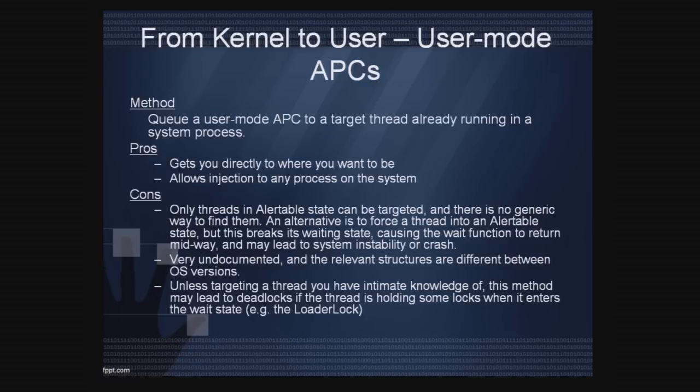If you specify it as true, then you mark the thread as being able to receive those user mode APCs. So what you can do is issue an APC to a thread in the process where you want to inject your code, which is nice because it gets you into a system process or exactly where you want to get. And you can theoretically inject into any process in the system. The problem is the thread has to be in alertable state already.